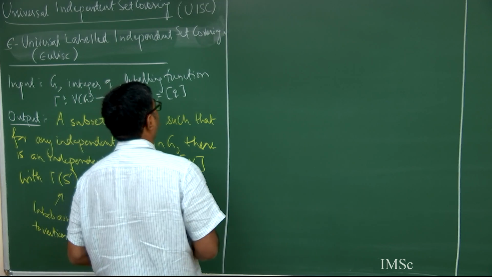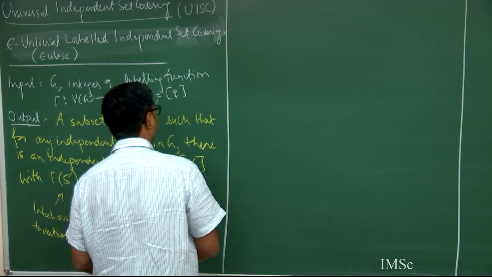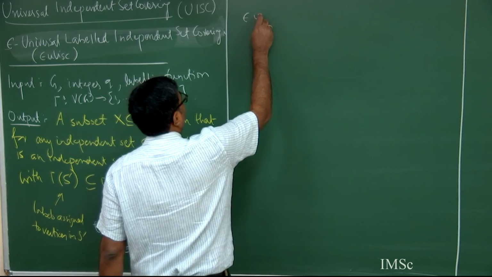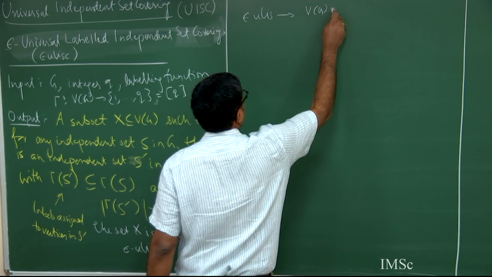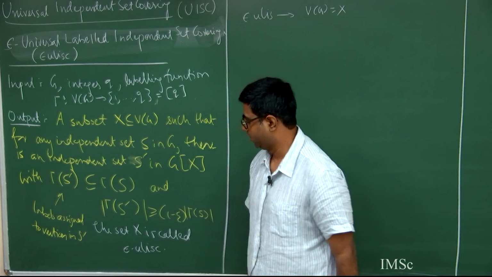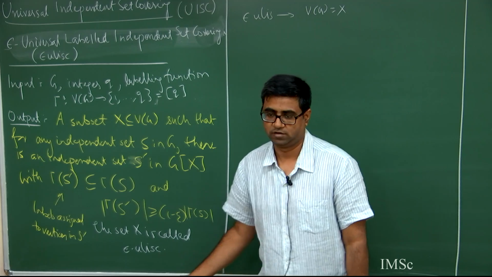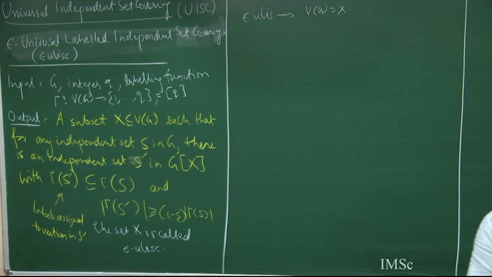Now of course, as pointed out by Prateek, just output the whole graph, that satisfies all the properties. In fact, you do not need any epsilon there, it satisfies exactly. But our objective is that for some class of graphs, we can output a set X which is much smaller than the size of the graph.